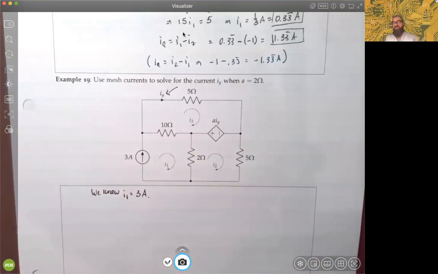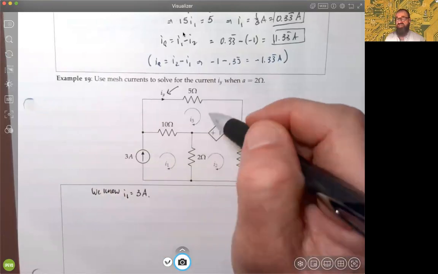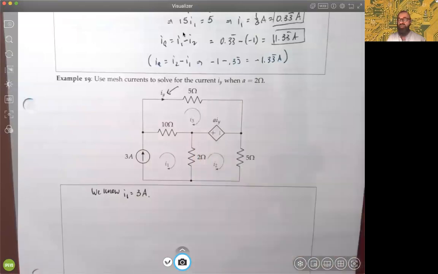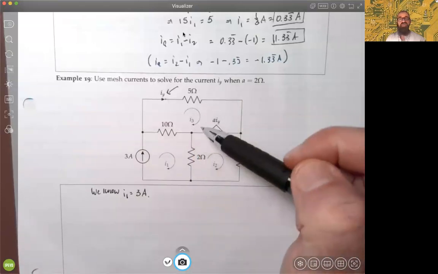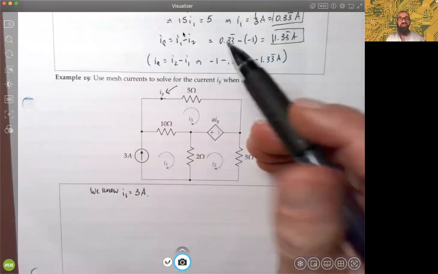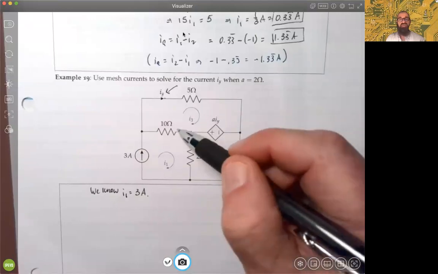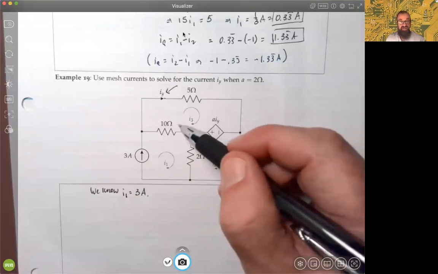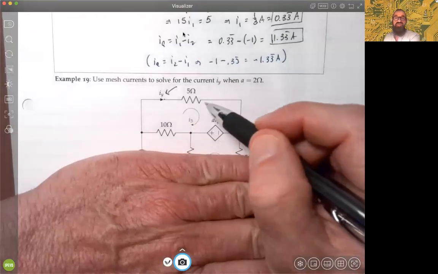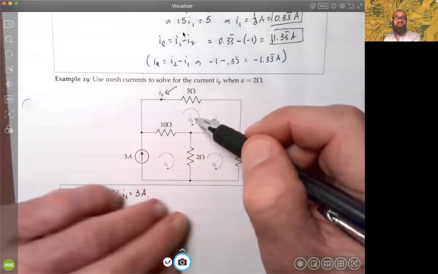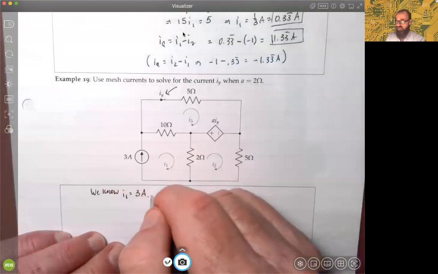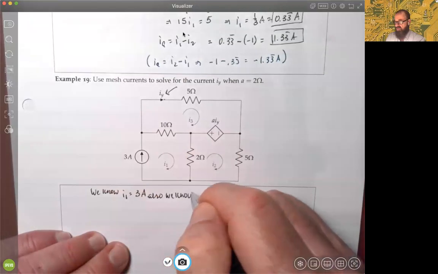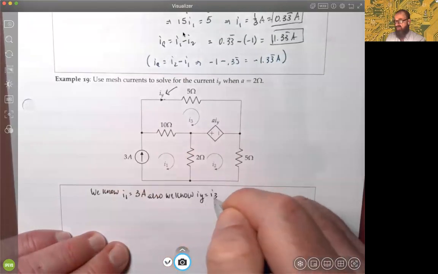Right? What else do you know? Just for the fact that this is a planar network and we've written the mesh current here, what can you say between the relationship between this current here and the mesh current? Well, because this is a closed path here and this is a planar network, and we're defining just through this series of elements here, so also we know, excuse me, that IY must be I3.